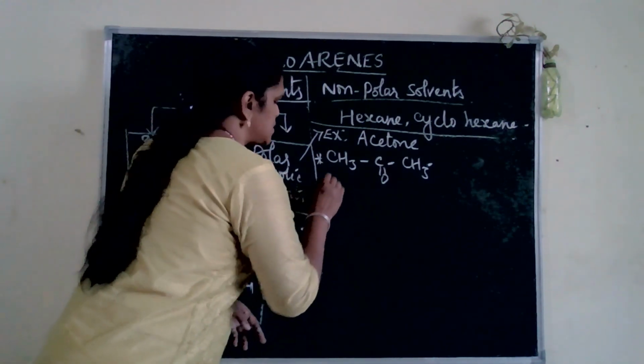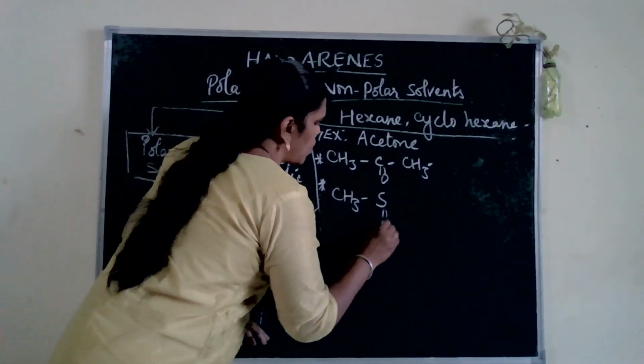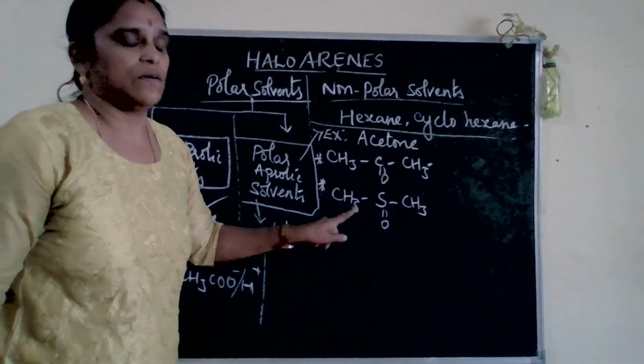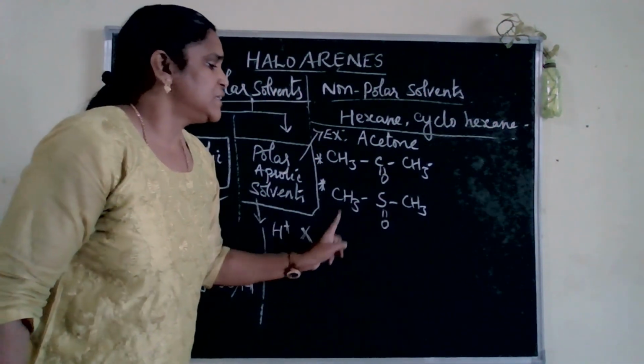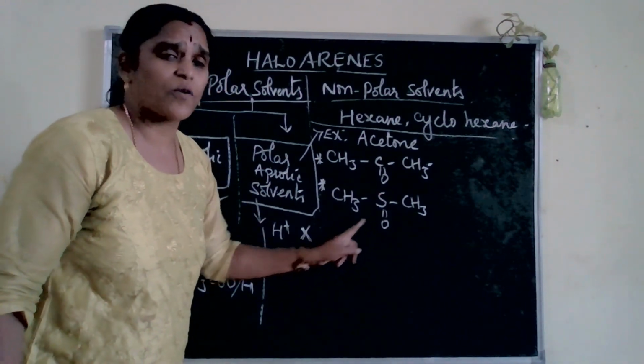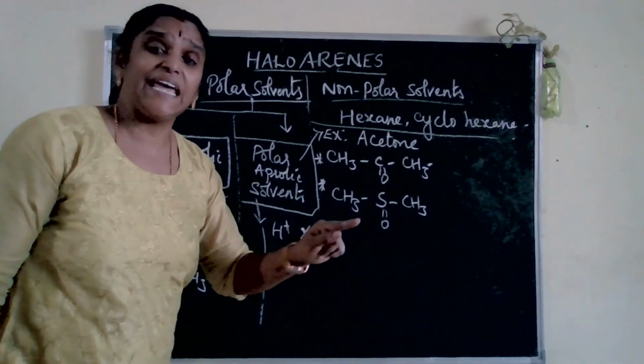Now suppose I put CH3, S double bond O, CH3. What if I give this formula, what is the name of it? Here S double bond O. So how can you name that? Dimethyl sulfoxide, DMSO.